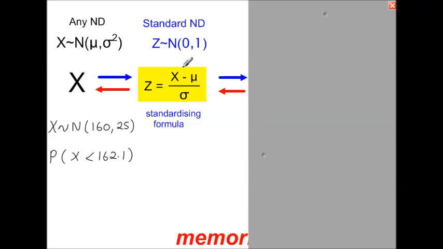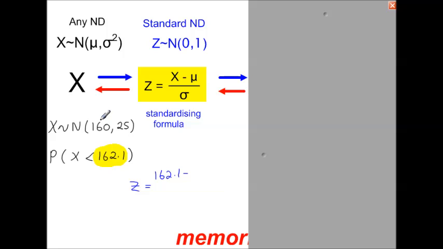Okay, now the first step is to standardize using this formula. So we take this value here, and this is represented by x in this formula. So z is equal to x, which is 162.1, minus the mean.